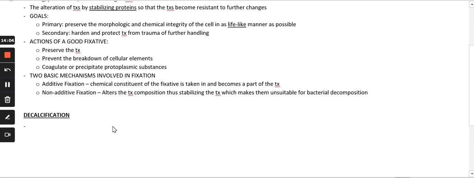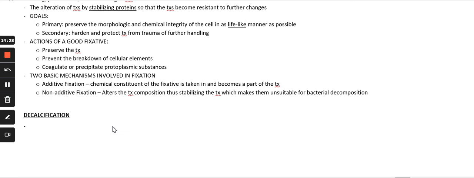Okay, moving on. Now let's proceed to decalcification. Again, decalcification is not a routine step. It's not routinely performed in our histotechnology. We only need to perform decalcification if the tissue has lime salts or calcium salts in it.